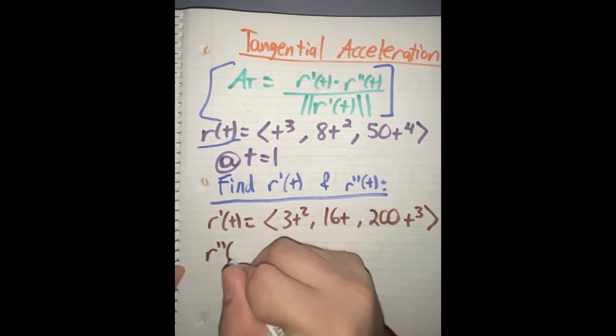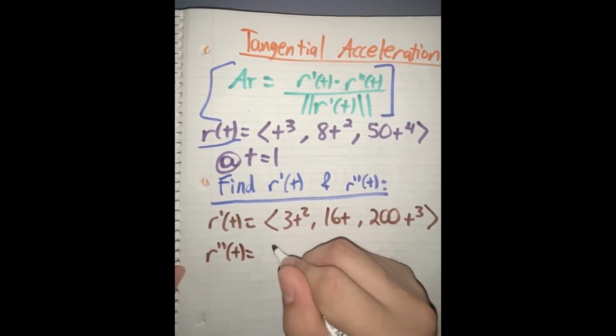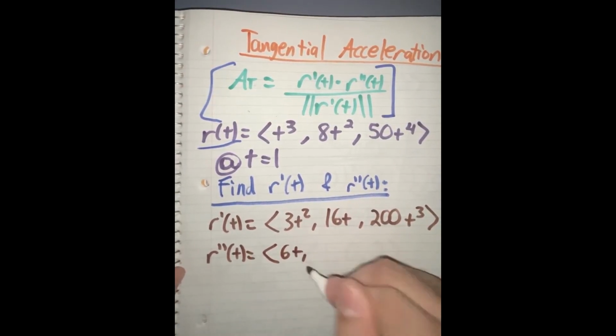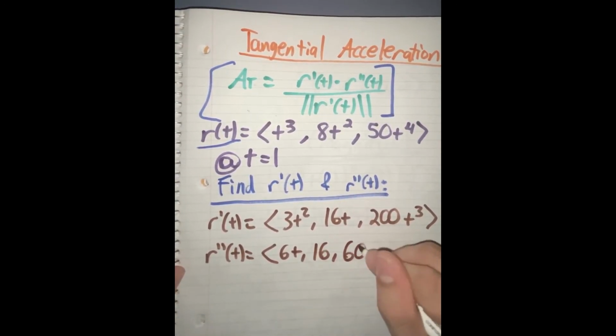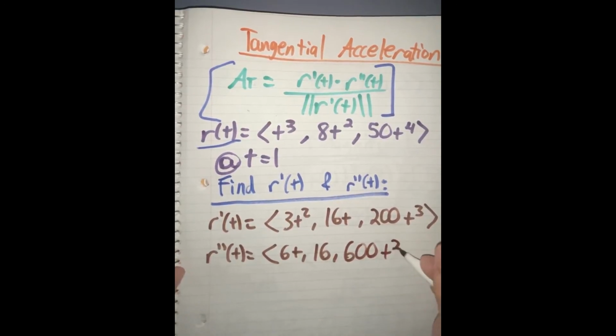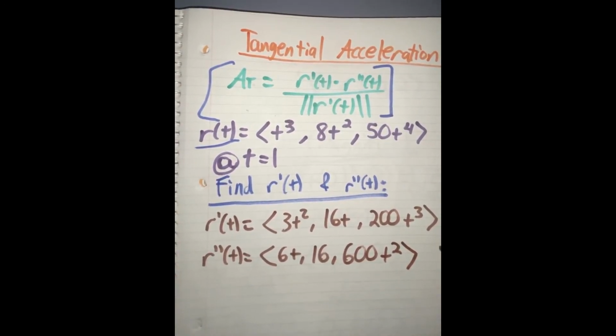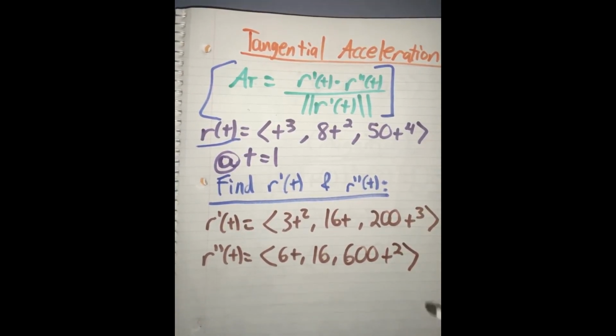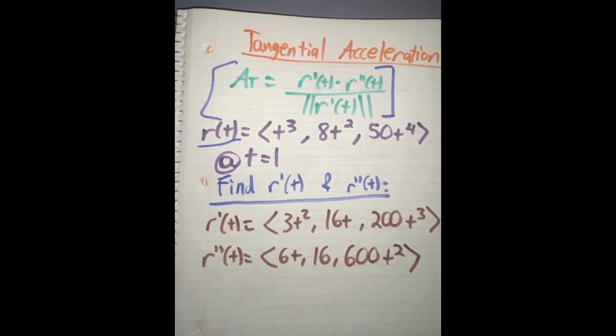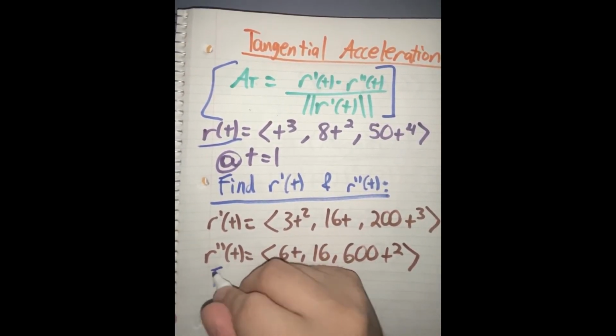Now r double prime of t is equal to 6t, 16, 600t squared. And all I did was just take the first derivative of the position vector r of t and take its second derivative. So now, the next step is we have to compute the dot product.